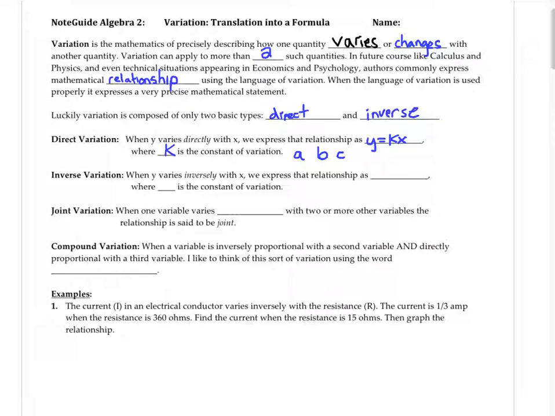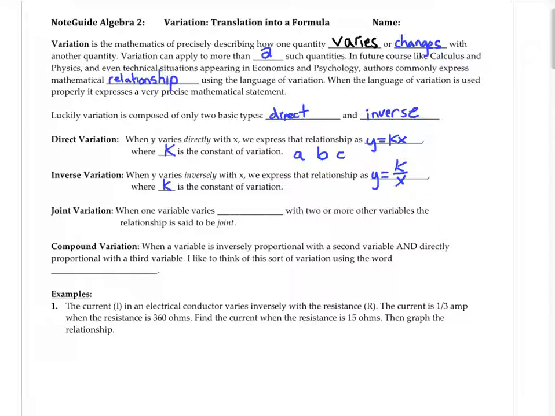But when I'm thinking about variation problems, usually it's not a regression problem or a best fit situation, it's an exact fit situation. So the other common one, like I said, is inverse variation. If you see that y varies inversely with x, for instance, that means precisely that y equals k divided by x. So I'm going to continue to use k as my constant of variation today in all the problems.